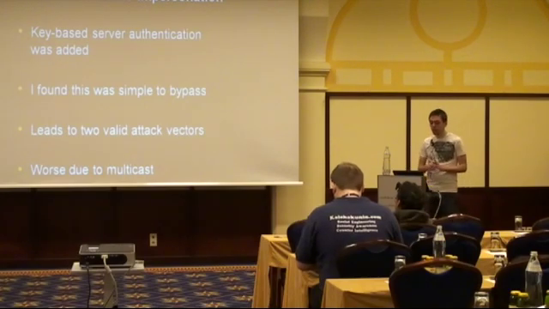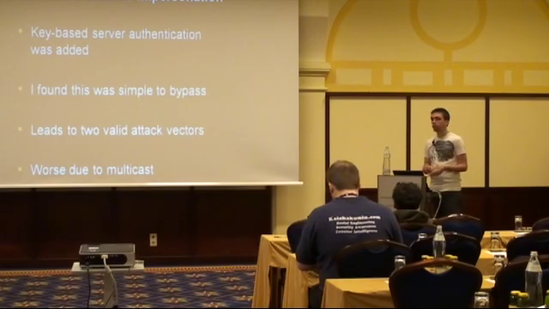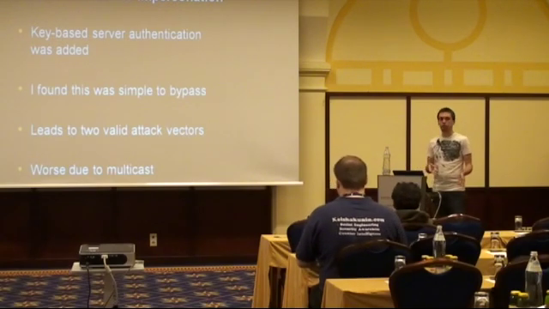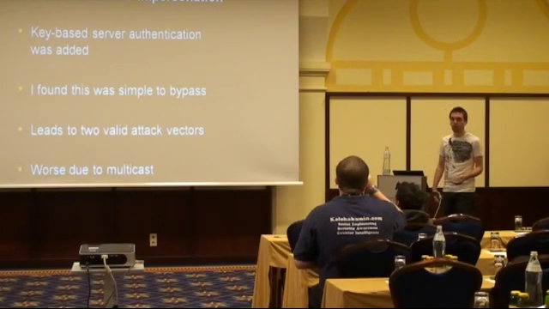And it leads to two main valid attack vectors, two main threat scenarios. It was also made worse due to multicast. Altiris supports multicast by default, and that means if you've got a client that connects to a network, you don't necessarily have to be on the same local subnet in order to execute this attack.